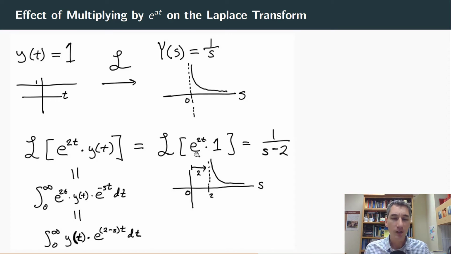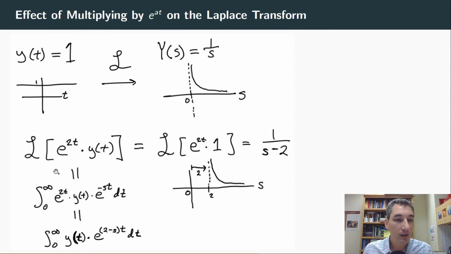Okay? So multiplication by e to the 2t in the time space has the effect of shifting the graph by 2 units in the frequency space. So it's still the 1 over s graph, but it's been shifted over 2 units. You can think of it as basically replacing s with s minus 2.